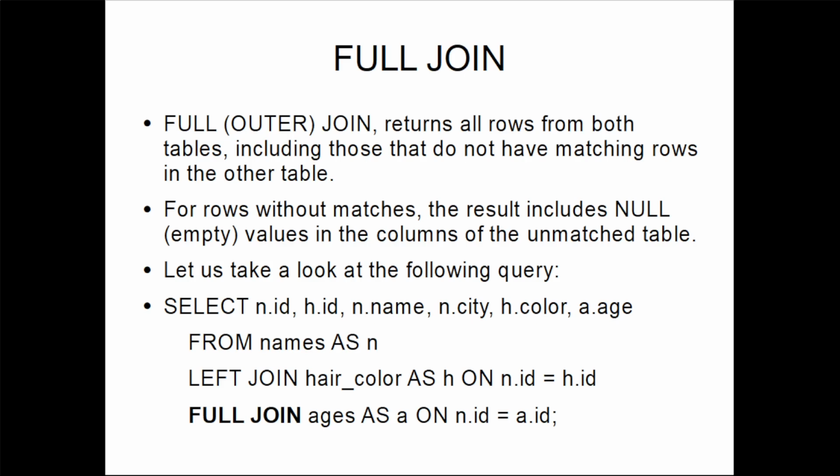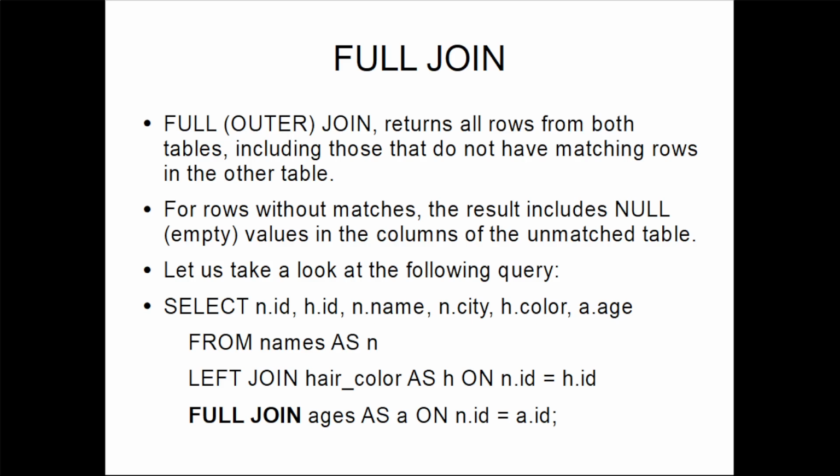How it works. Step 1, the left join between names, aliased as n, and hair_color, aliased as h, includes all rows from names. If there is no match in hair_color, hair_color.id and hair_color.color are null.